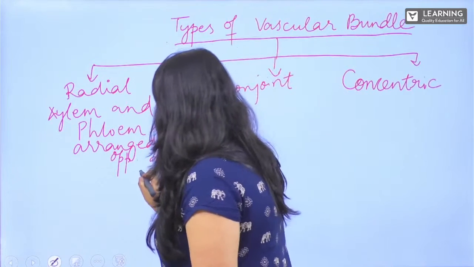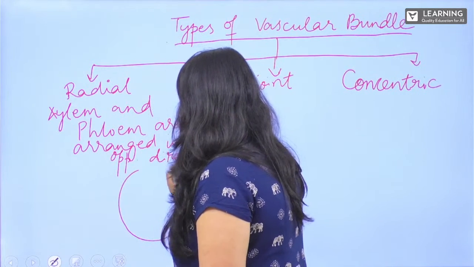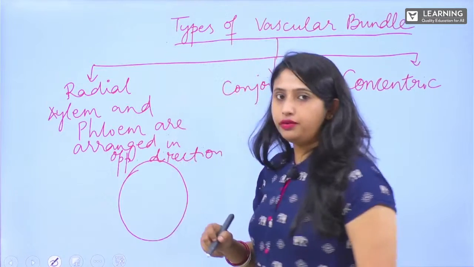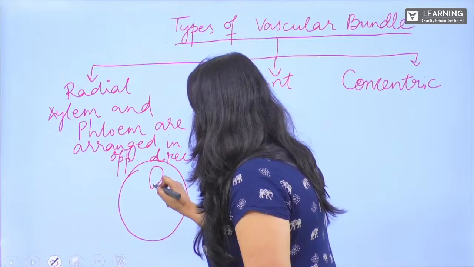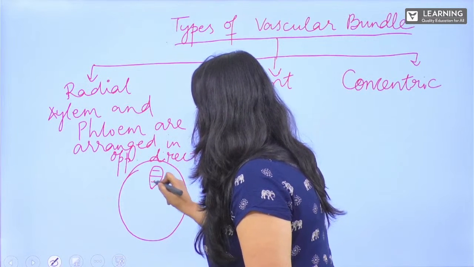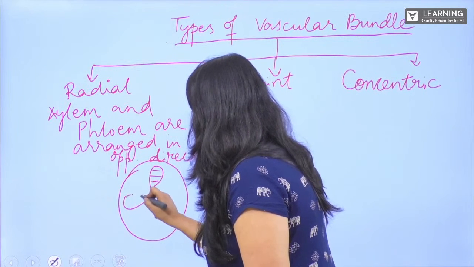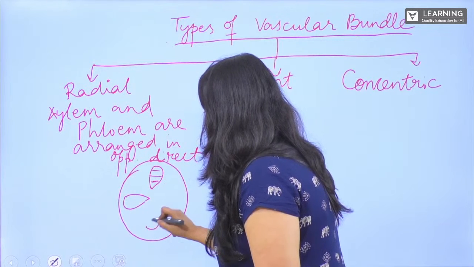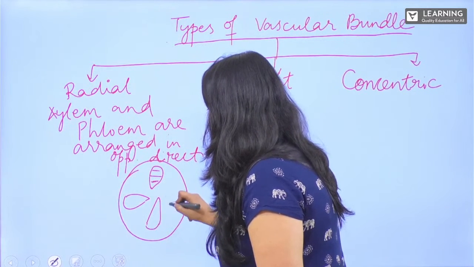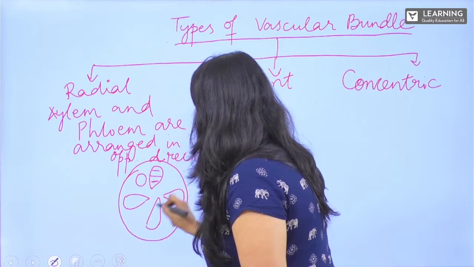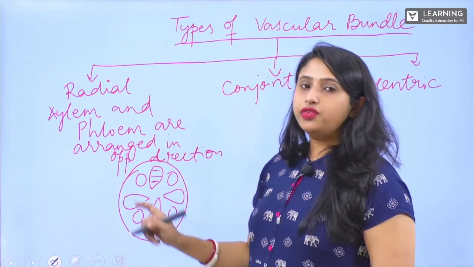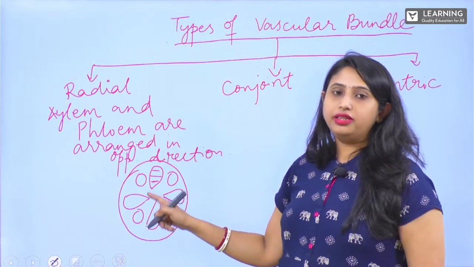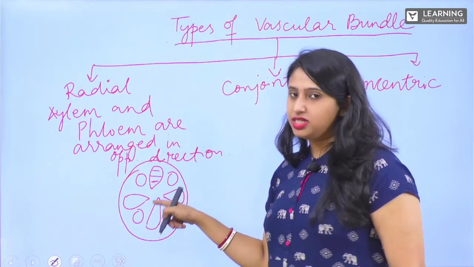So, if this is a cambium, see here, this is your xylem, this one is your xylem, this one is the xylem. Here, the xylem and phloem are in 4 bundles, so it is called tetrarch. Where xylem and phloem are arranged in the form of 4 bundles, they are known as tetrarch.